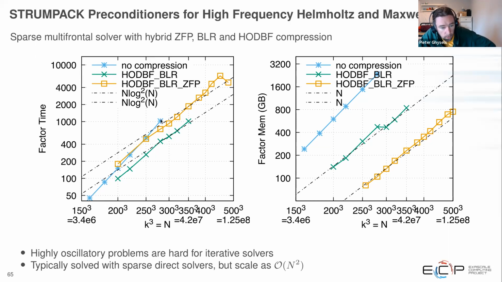And the blue line is without any low rank compression. The green line is with the hybrid hierarchically off-diagonal butterfly plus block low rank compression. And the orange line or the gold line is also including ZFP. So note now that this costs a little more in terms of factorization time, because we have to additionally compress using ZFP, which does not reduce the number of flops at all.